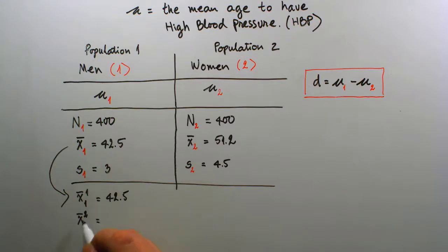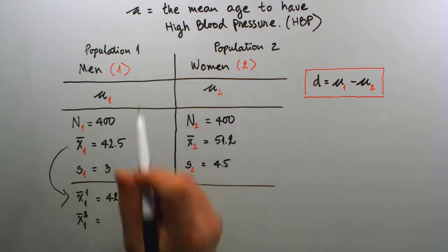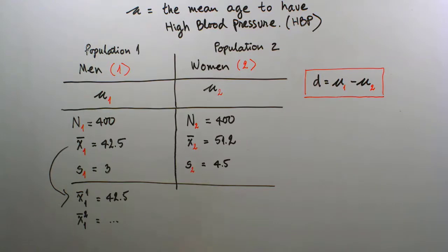Since I didn't have any second sample from population 1, I'm just leaving it blank, or just leaving it as dots there. And we can further have x bar 1 again. So the subscript in this study of ours permanently indicates that all of our samples currently are from population 1. But superscripts 1, 2, and 3 indicate different samples from the same population.